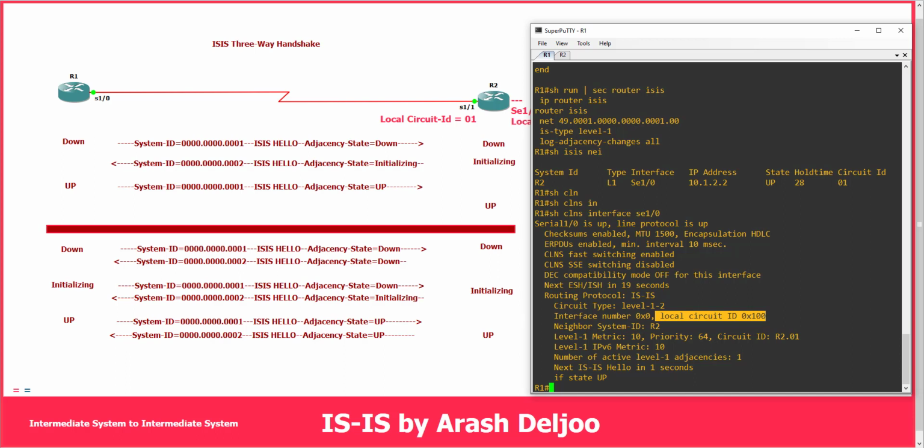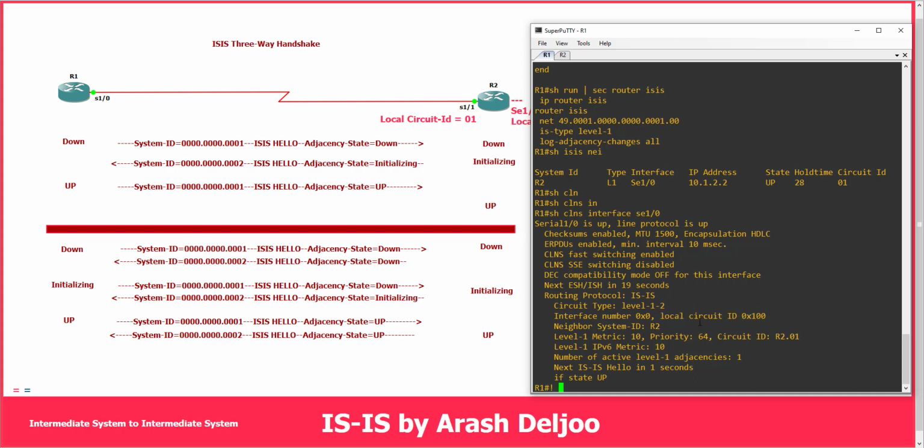This is because of the internal implementation of Cisco. This number is actually wider than 1 octet. This is just Cisco's internal implementation that enumerates point-to-point interfaces with local circuit IDs starting with 0x100. Let me talk about this.